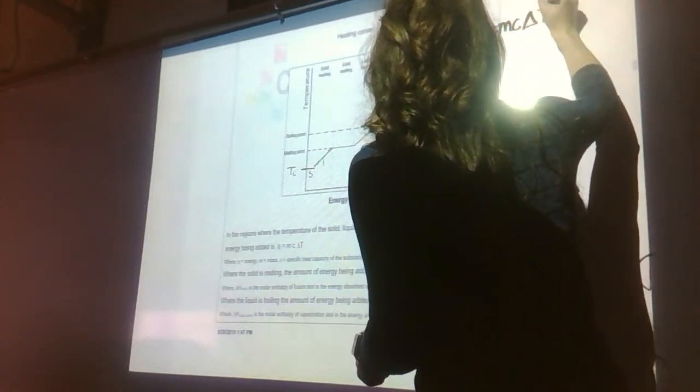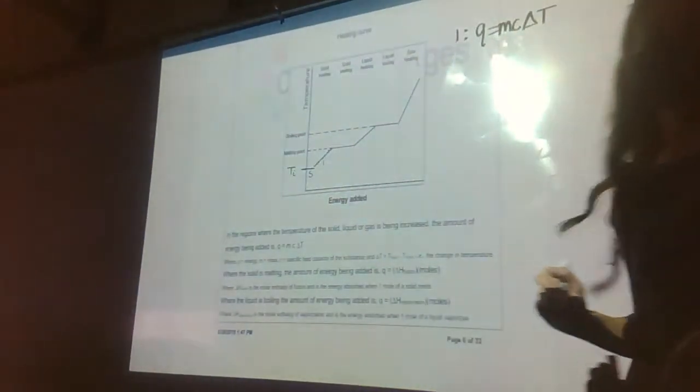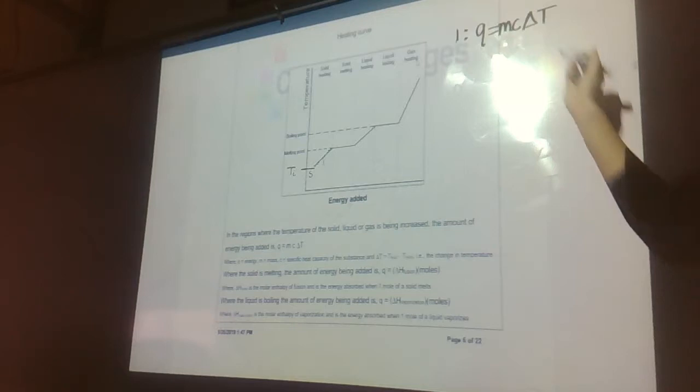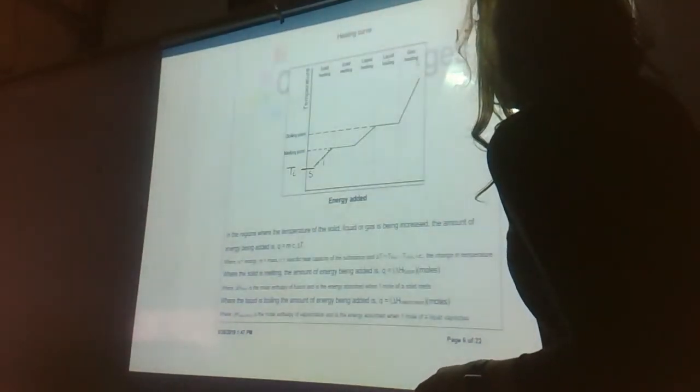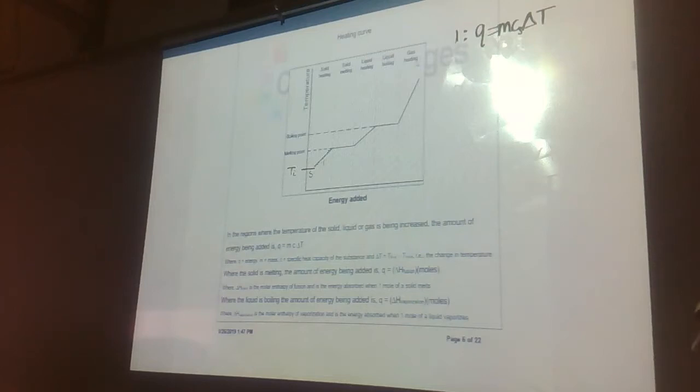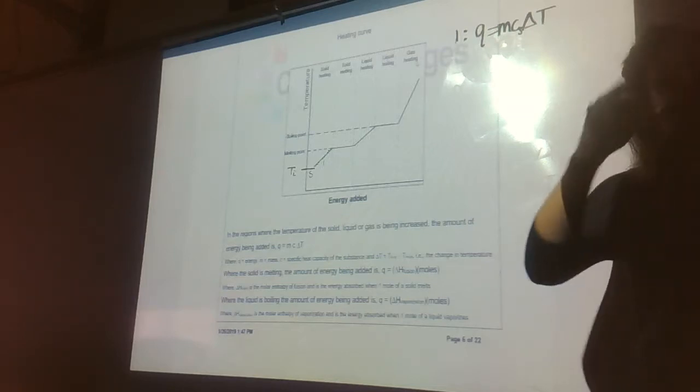Our heat equation, as long as temperature is changing, has C for the solid, whatever that is, the mass, and the temperature change for section 1. So solid, solid, solid, solid.